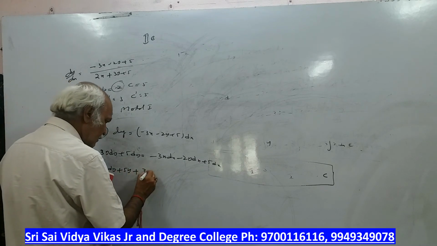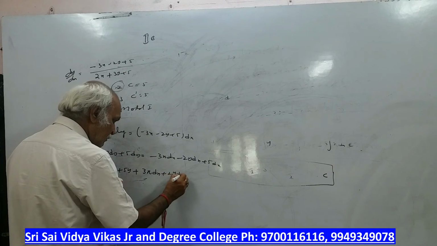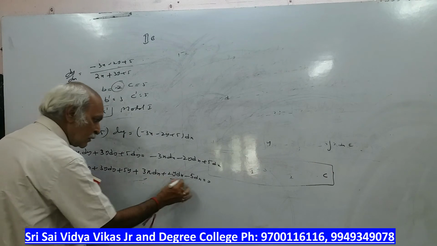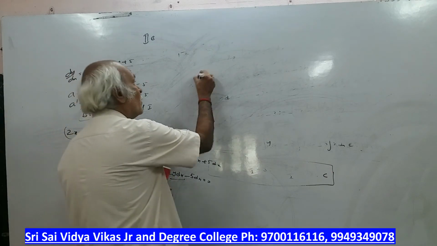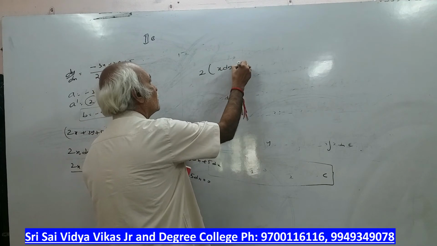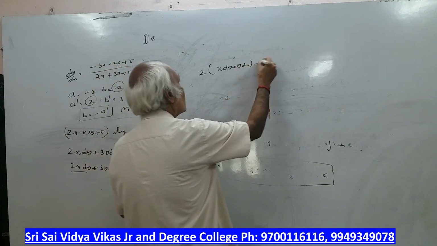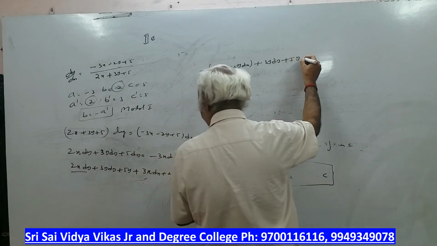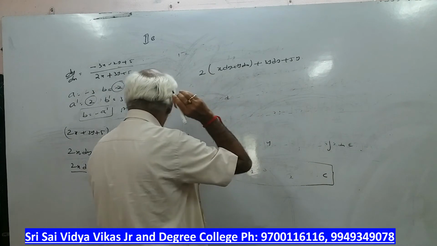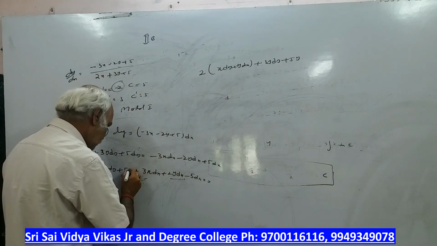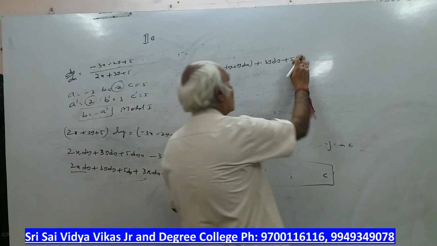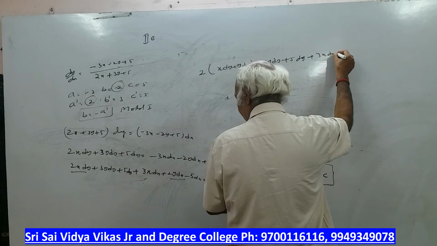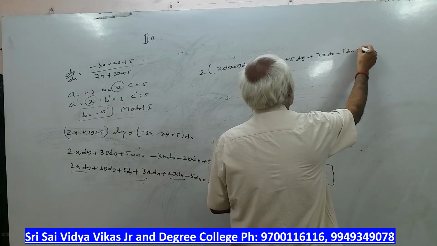Equals zero. Again, observe this, so I have underlined this. So 2 common, x dy plus y dx, 5y dy plus 3x dx minus 5 dx is equal to 0.